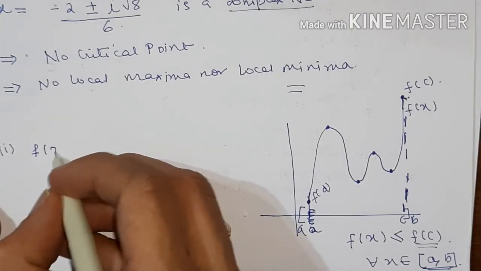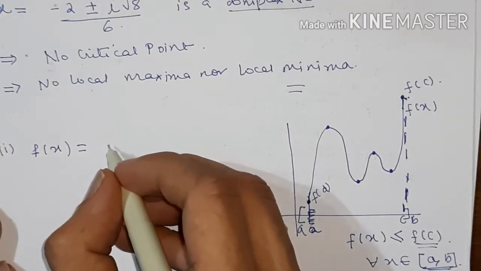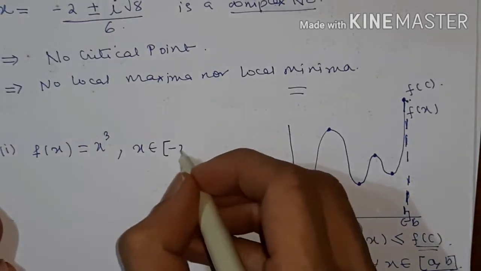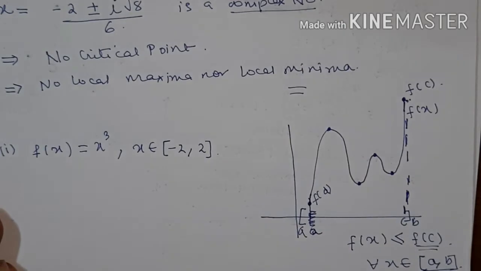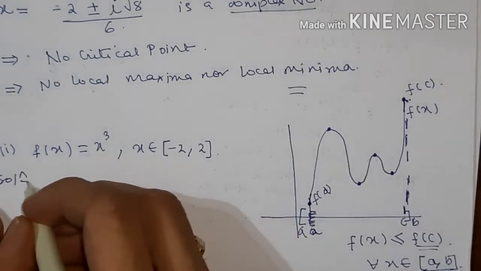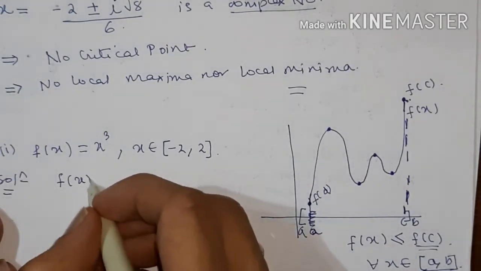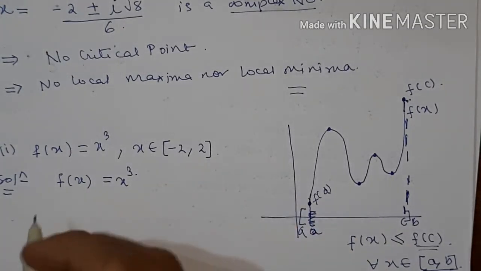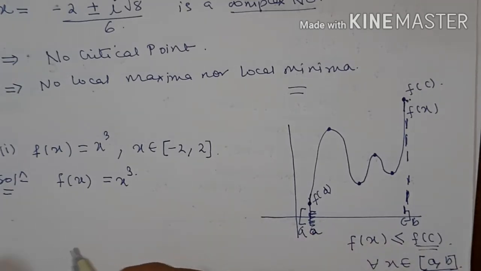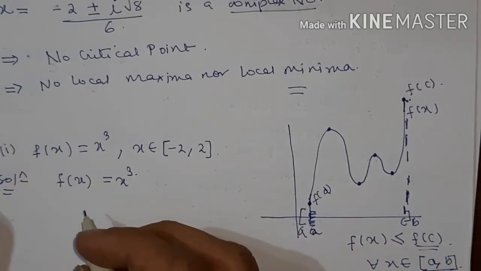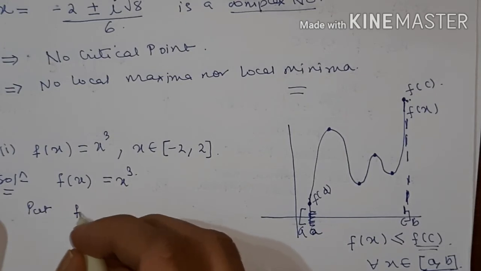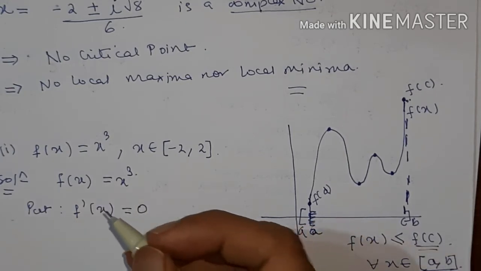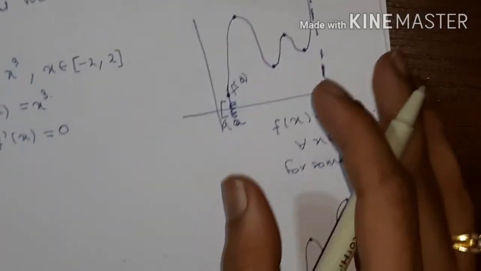So the first, you have f(x) equal to x cube, where x belongs to [-2, 2]. You are given f(x) equal to x cube. Now what is the first step? The first part of the method is the same. So put f prime of x equal to 0, because we have to find the critical points.